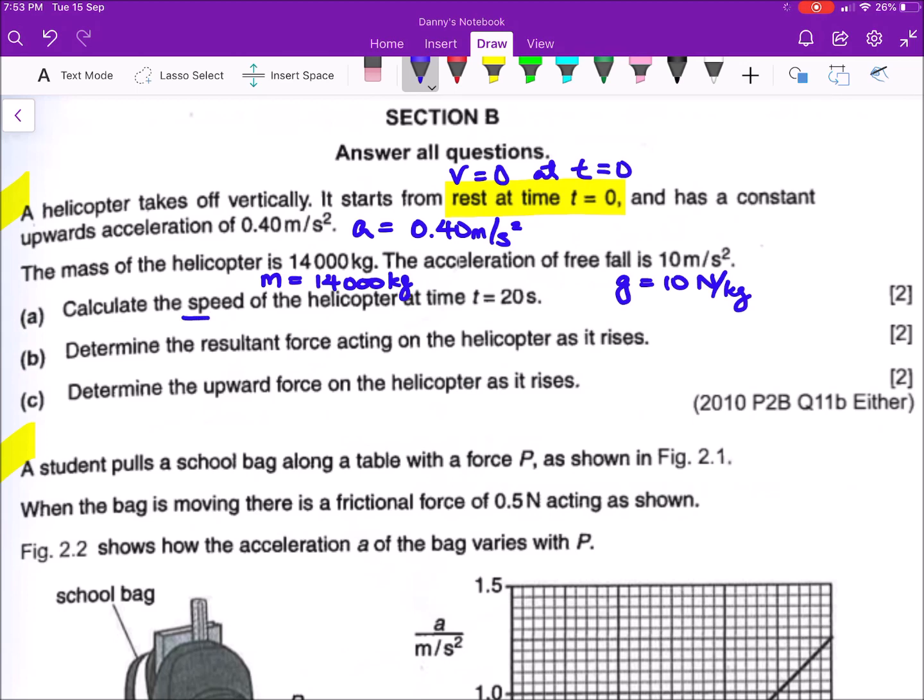So let's analyze it. I have to find the speed at t equals to 20. I know that it starts with 0. I know that acceleration is 0.4, meaning that every second that has passed, my speed will increase by 0.40. And now the question is telling me that 20 seconds has passed.